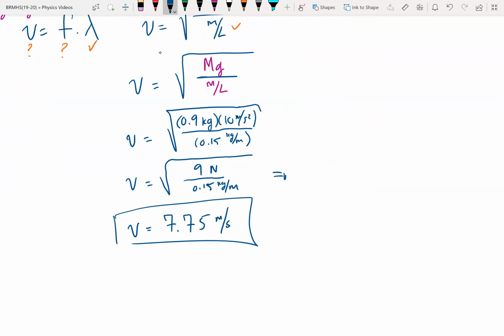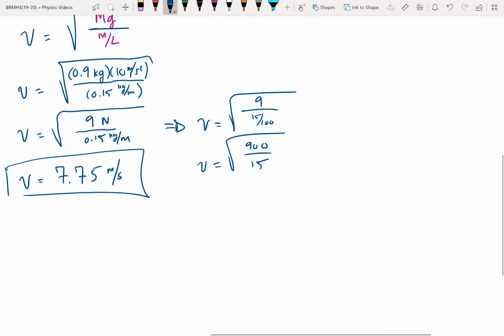You could also go this way and be awesome and say, wait, I'm going to do fractions. So I got 9, let's get rid of those units for a second. 0.15 is 15 hundredths, so 15 over 100. Well, that's the same as 900 divided by 15. What's 900 divided by 15?